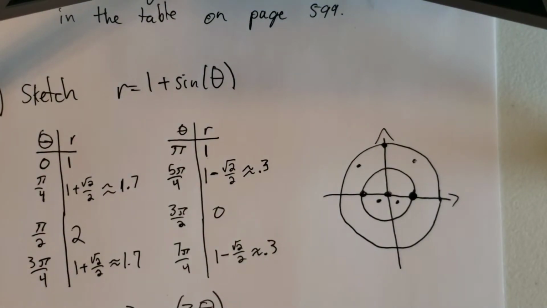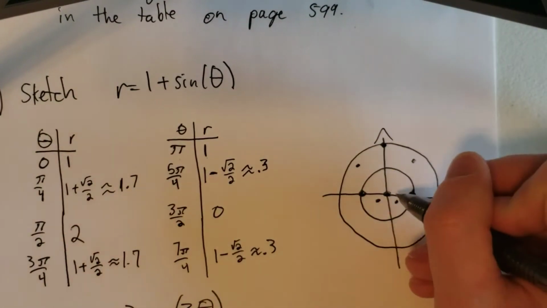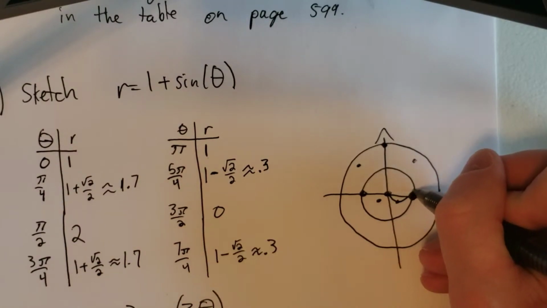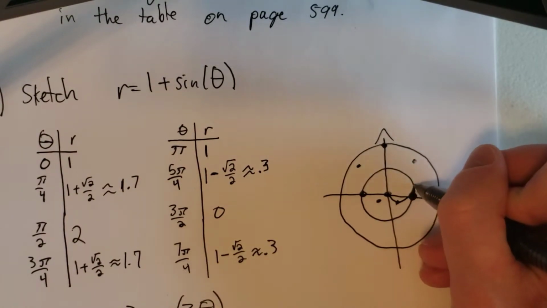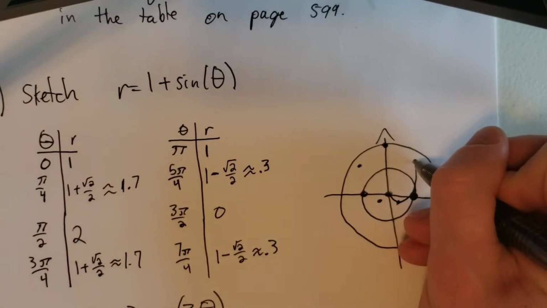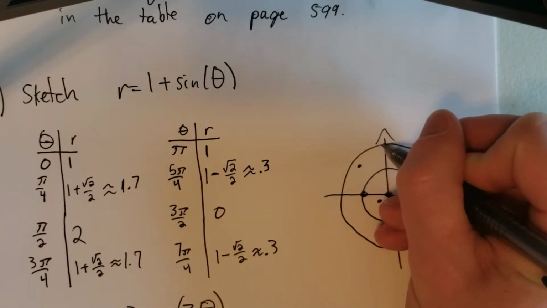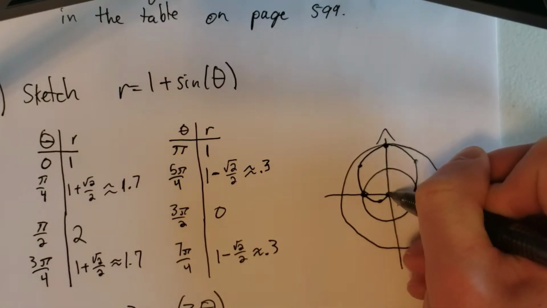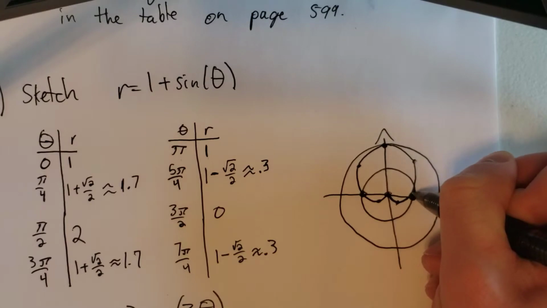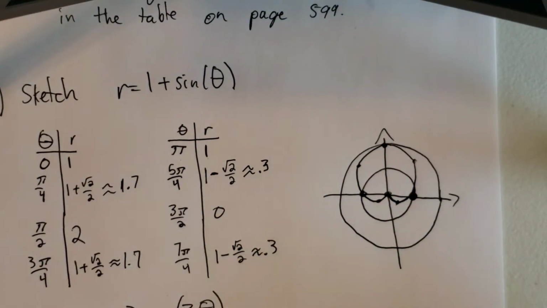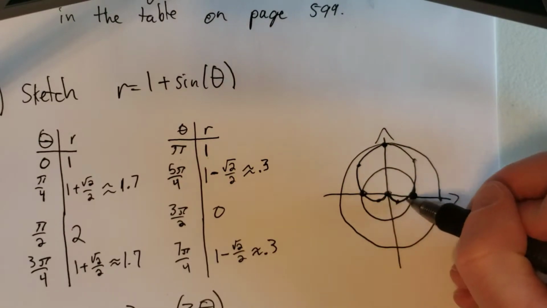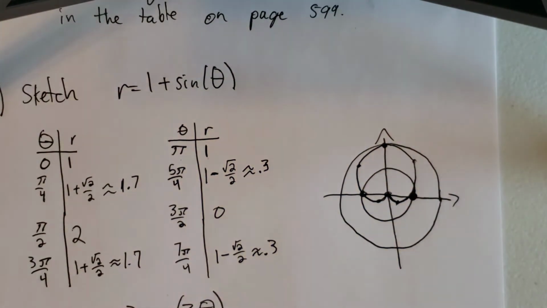All right, now how do we draw this? This is a cardioid. Why do we call it a cardioid? Well, you'll see that in just a moment. If you notice, this right here looks kind of like a heart, and that's why this type of graph is called a cardioid.